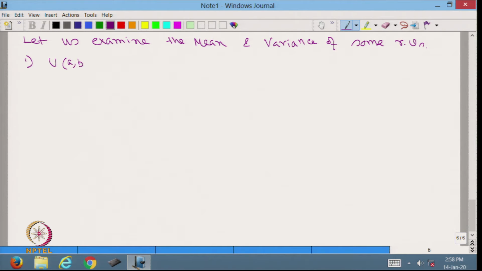Uniform A B: mean is equal to A plus B by 2 and variance is equal to B minus A whole square by 12. 2.